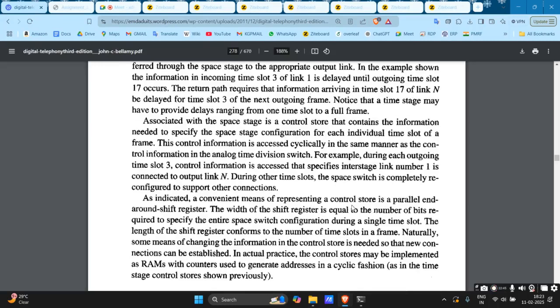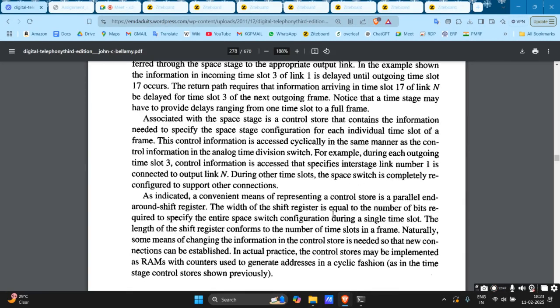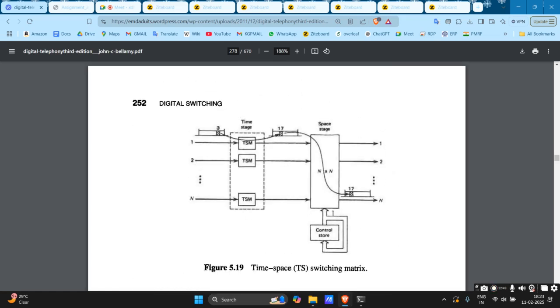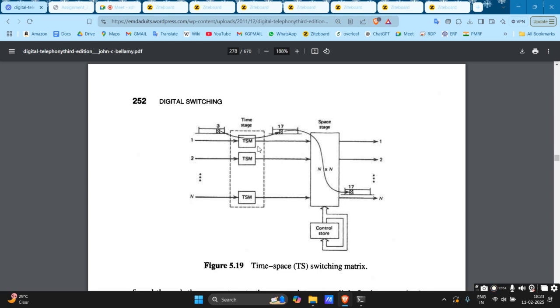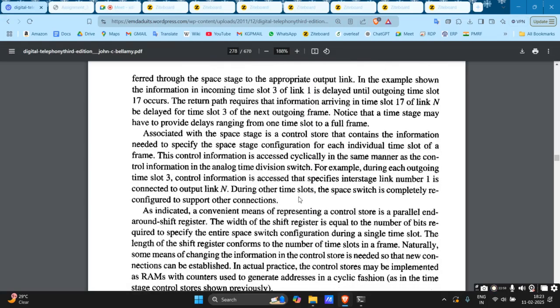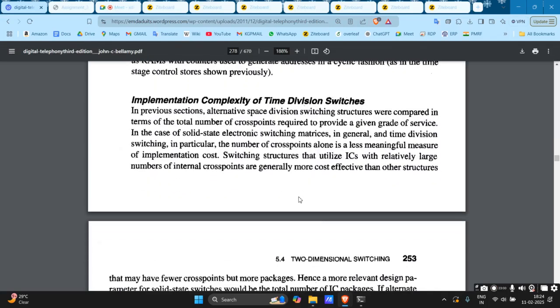So that is called a space time switching. This entire thing is connected by a control: there is a control for time division multiplexing, and a control for space division multiplexing also. So there are two control stages.